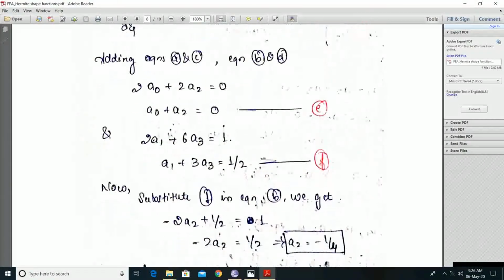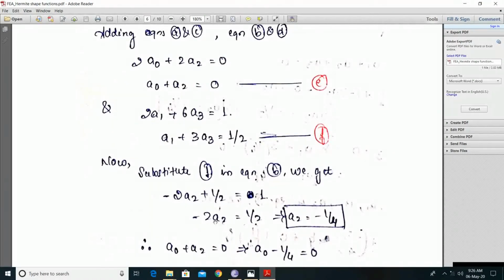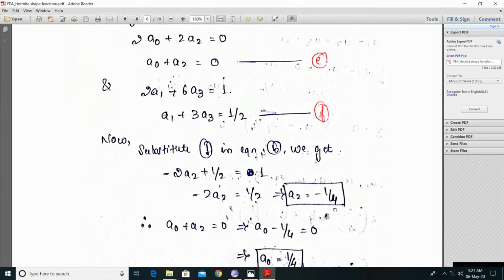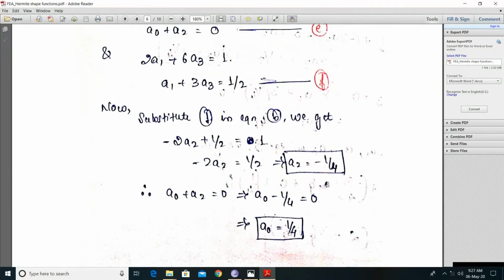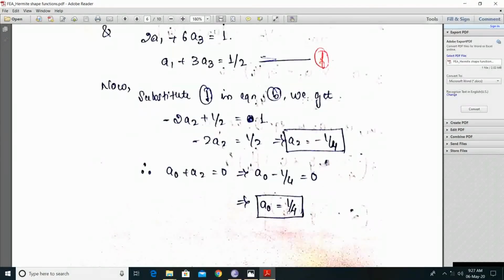Again substitute equation F in equation B, you will be getting minus 2a2 equal to half, so a2 equal to minus 1 by 4. If you substitute this a2 equal to minus 1 by 4 in equation E, you will get a0 as 1 by 4.